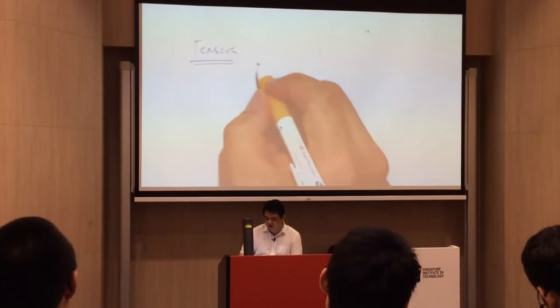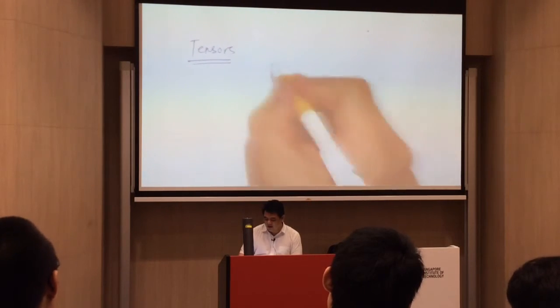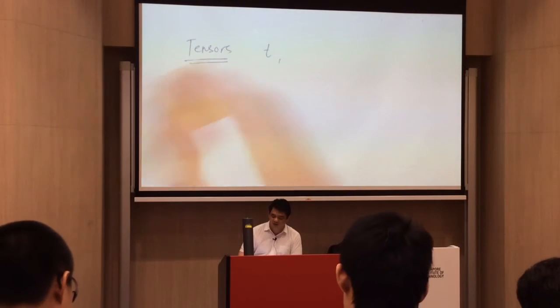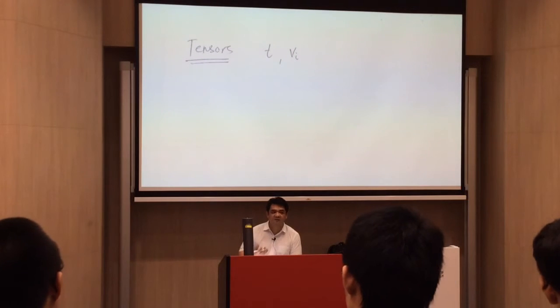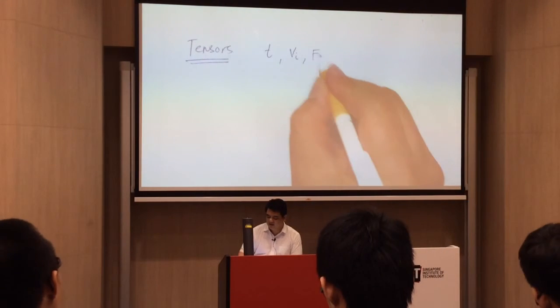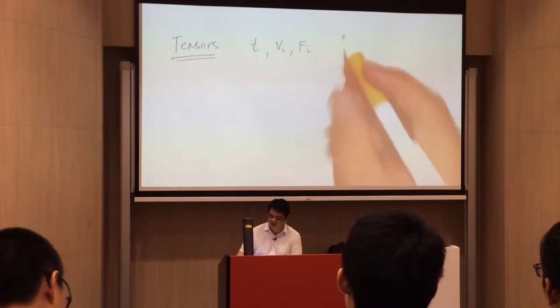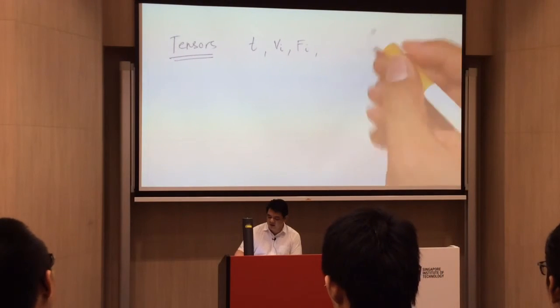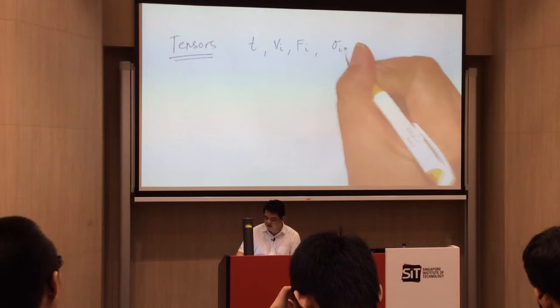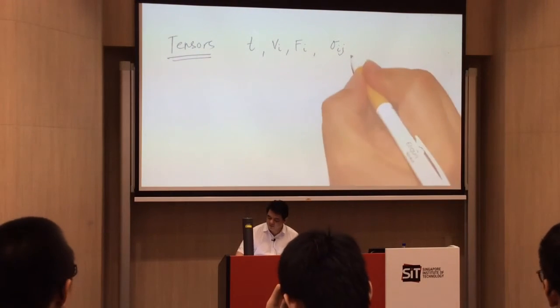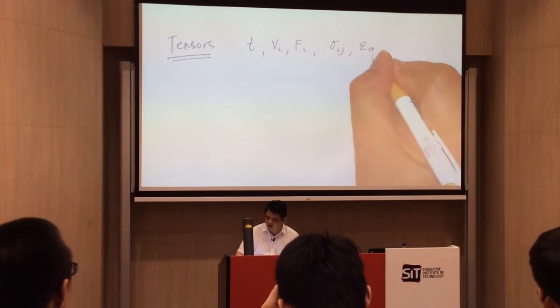Tensors can be scalar, say a temperature. We also look at vectors, can be forces. And we also look at higher order rank tensors. In this case, what is really important to us will be your stress, which is a second order tensor, and then you have your strain.